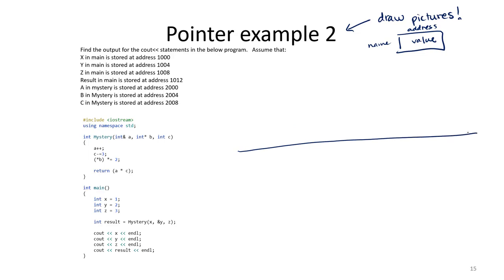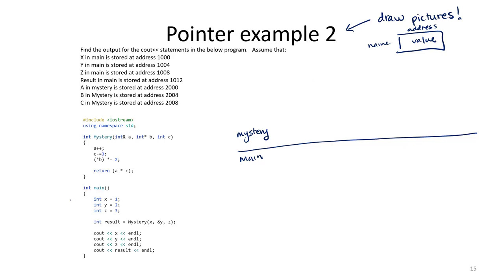We're going to have variables that are local only to our main function, like x, y, and z. And then we're going to have variables a, b, and c that exist only in our mystery function. So it's a good idea to separate out your variables in main and in mystery while solving this question.